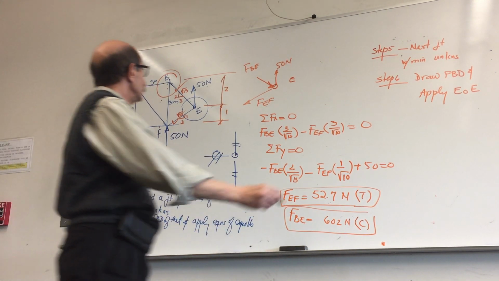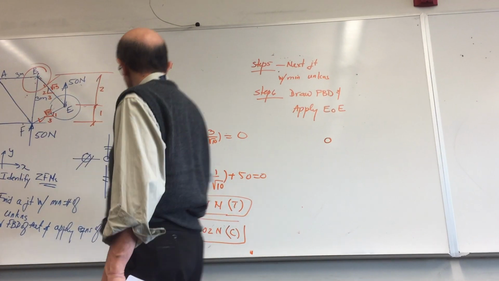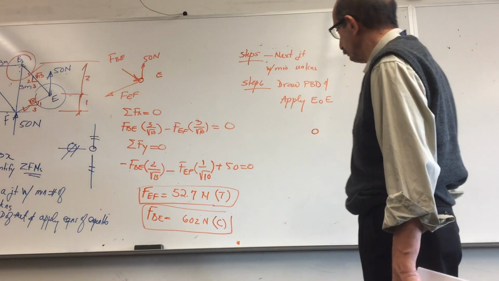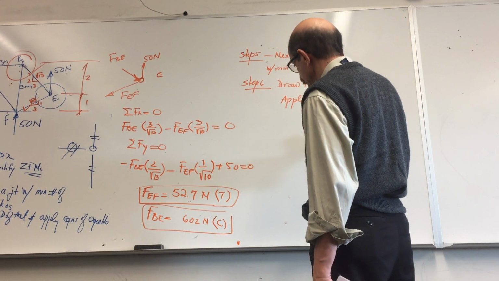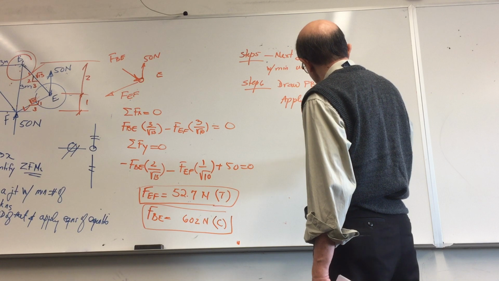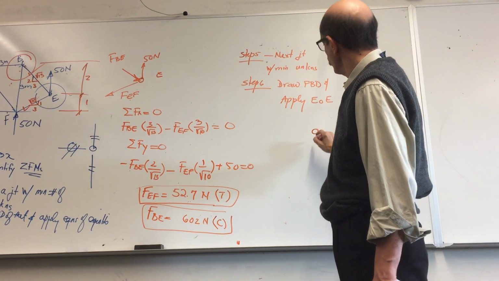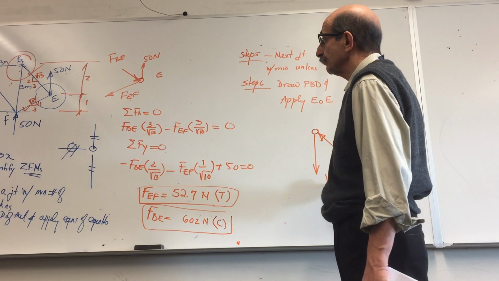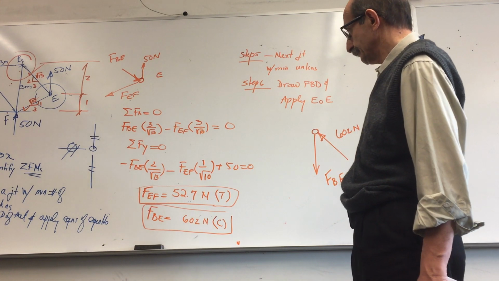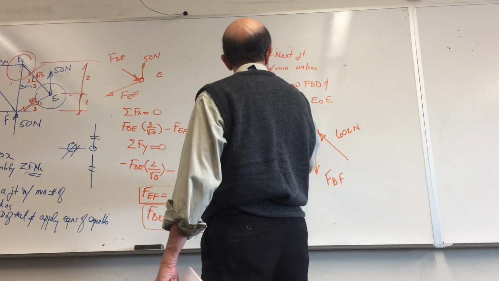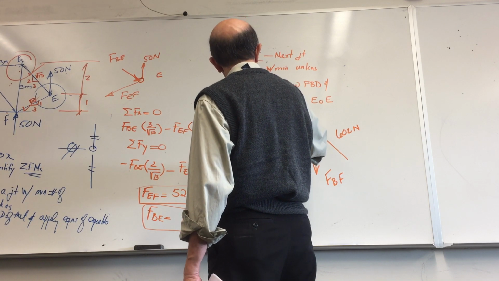So I would draw the free body diagram of B. Force BE is a compressive force, so this is force BE, which is 602 Newton. I have a force BF, and then I have this force AB.